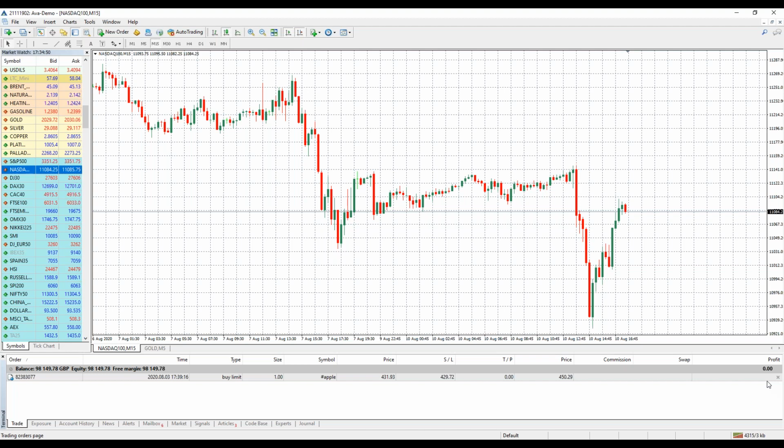Some movements where you get good bounces and good breakthroughs, that sort of thing.